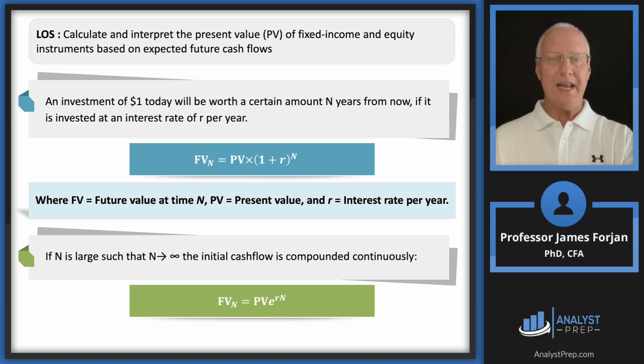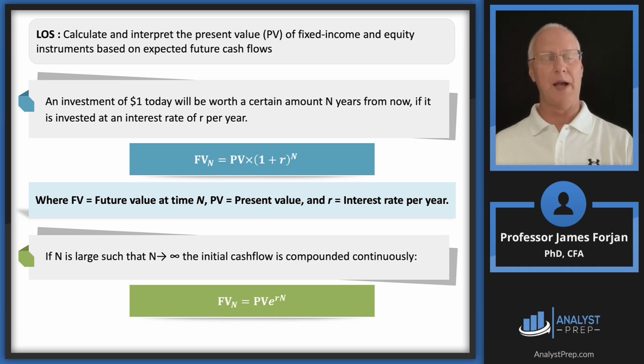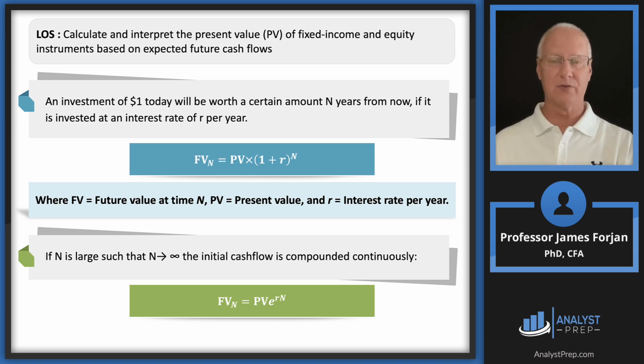$110. Now, a concept that is present throughout the entire CFA program is this idea of compounding periods. So in that example, we went from 100 to 110. We assumed that interest rate was compounded annually, but banks or securities could pay interest whenever they want. I mean, some common time periods, of course, are semiannually, twice a year, quarterly, monthly.